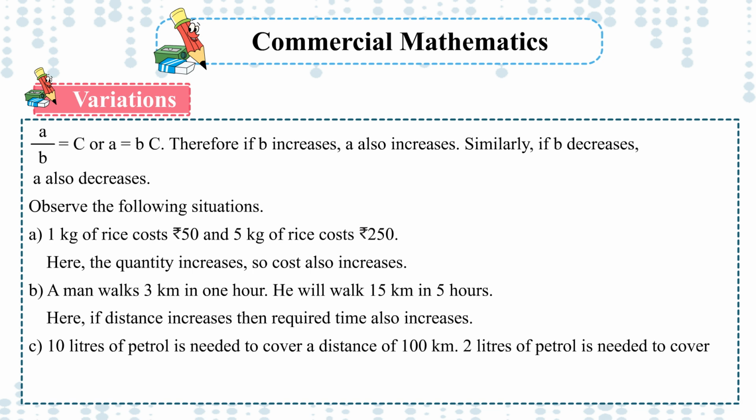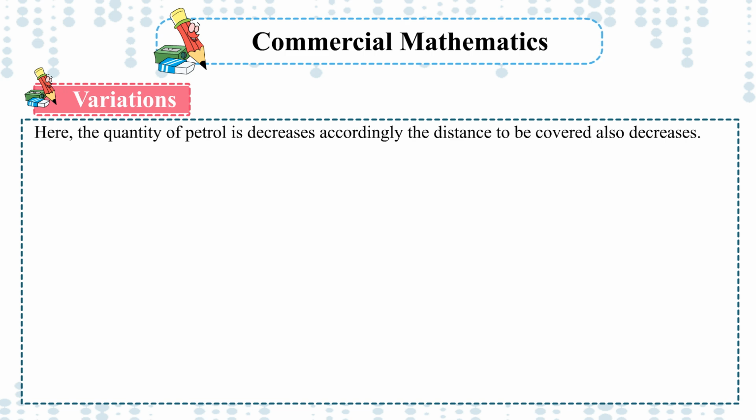C. 10 liters of petrol is needed to cover a distance of 100 kilometers. 2 liters of petrol is needed to cover a distance of 20 kilometers. Here, the quantity of petrol decreases, accordingly the distance to be covered also decreases.